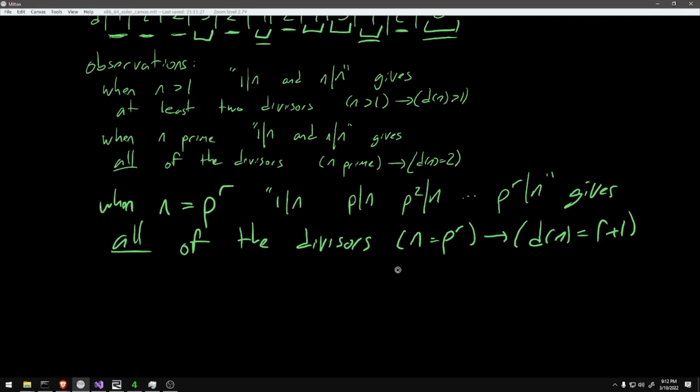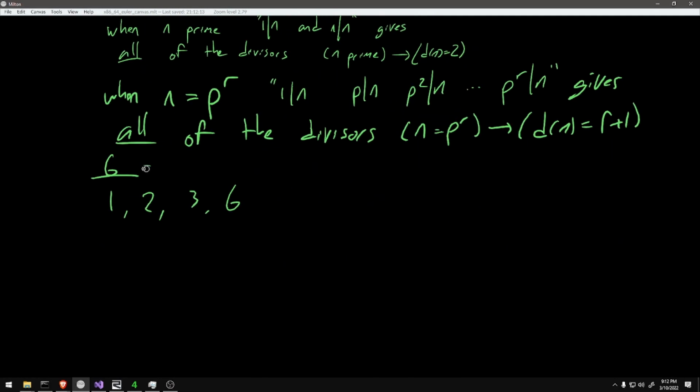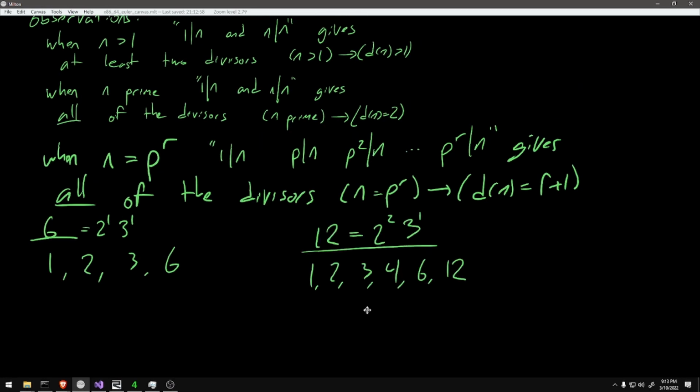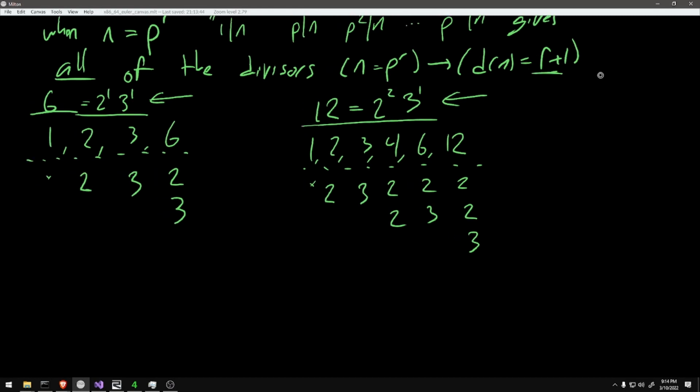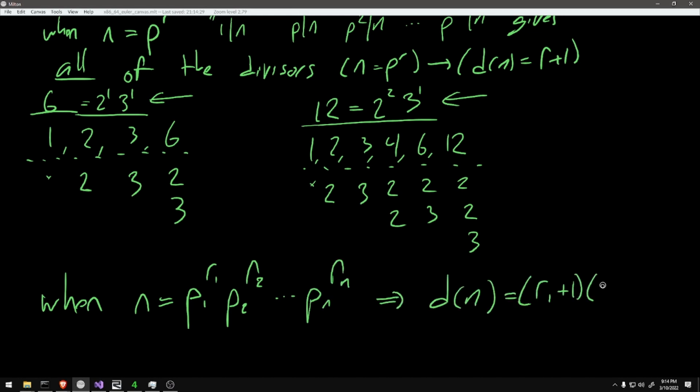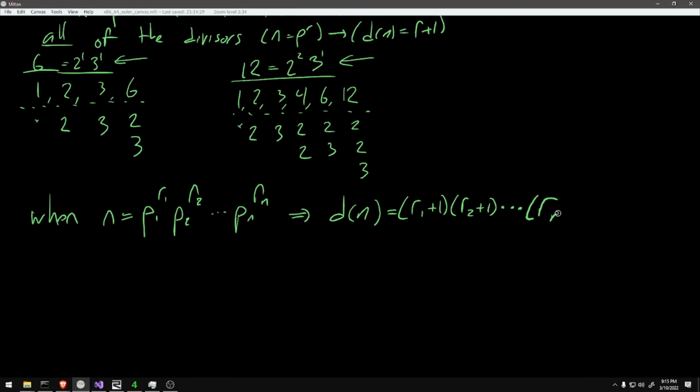So after that, I look at some examples. I look at 6 and 12. These are examples of numbers that have more than one prime factor. And then I notice and put together the final pattern, which is that when n can be written as a series of prime powers, in other words, when we look at the prime factorization of n and take all the powers from it, then d of n is just (r sub 1 plus 1) times (r sub 2 plus 1) times (r sub 3 plus 1), and so on through all the powers in the prime factorization.